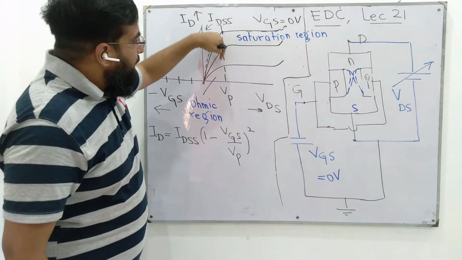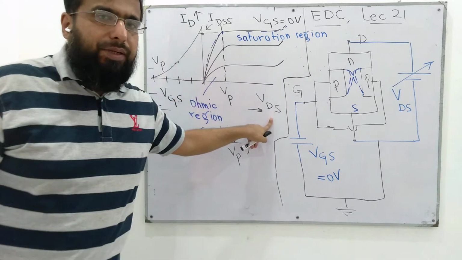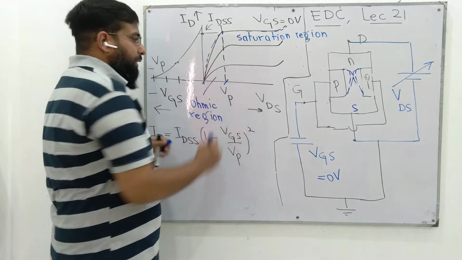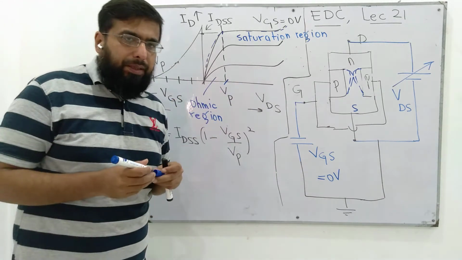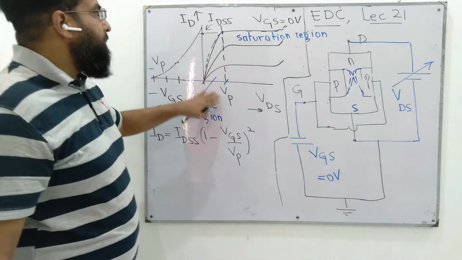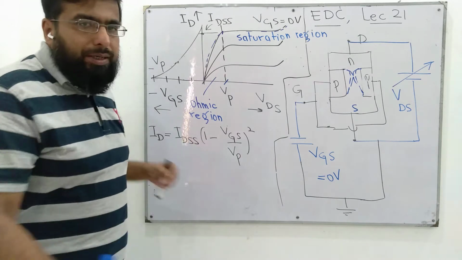If we draw a perpendicular line from this point on the x-axis describing VDS, we intersect at a voltage we call VP, the pinch off voltage. So we have two terms, VP and IDSS, which are very important to calculate ID.